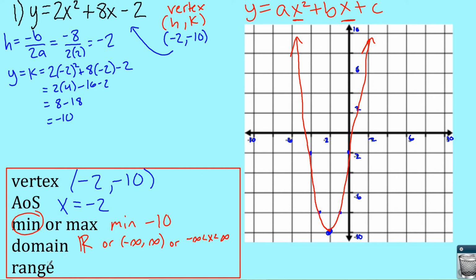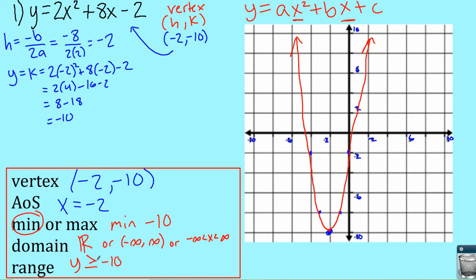All right, the range is your y values, so going up and down. It looks like it's every y value, except if we keep going further south, down here, there's no values. So the lowest it can be is negative 10, so since it has a minimum, y must be bigger or equal to that value.